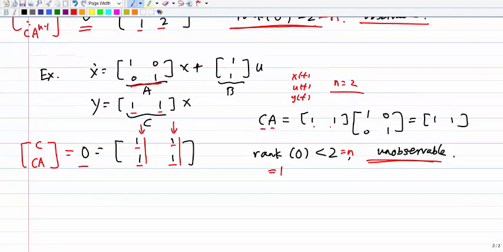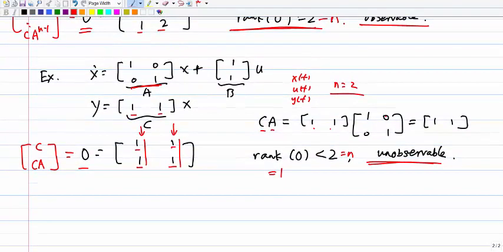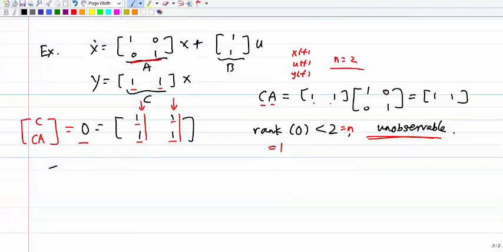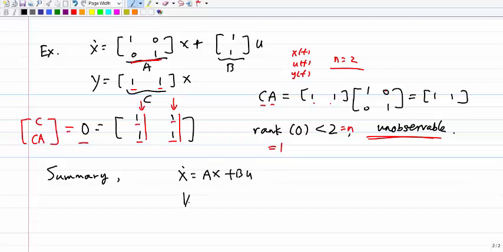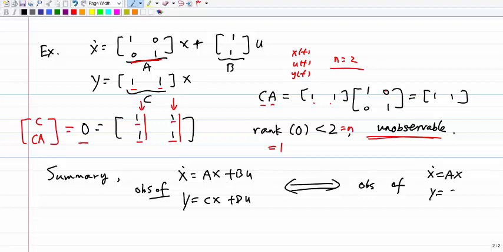To summarize, this is the summary for the linear time invariant system x dot is Ax plus Bu, y is Cx plus Du. The observability of this system is the same as the observability of x dot is Ax, y is Cx.